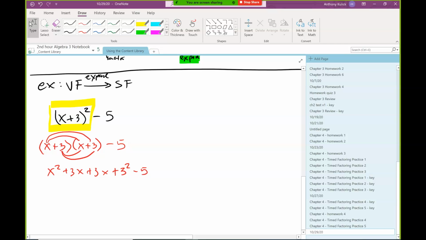Everybody okay doing that? You remember this process? So we can combine some like terms. 3x and 3x is 6x. And then 3 squared minus 5 is 9 minus 5, or 4. Well, let's write one more step.